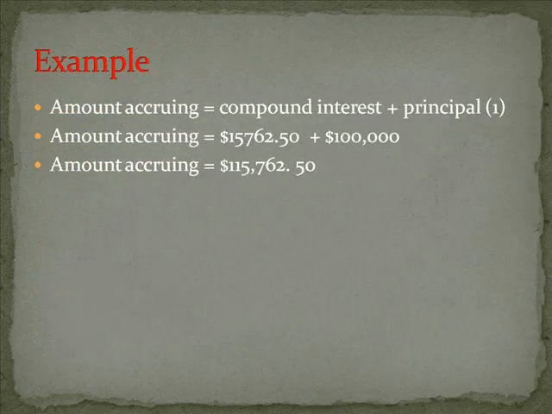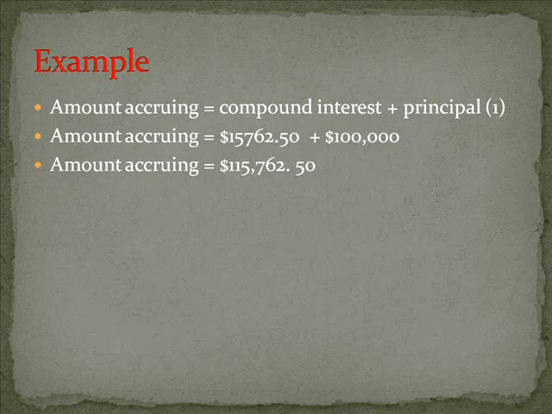Now to find the amount accruing, I would have to add the compound interest to the first principal, the amount invested at the beginning. So the amount accruing is equal to $15,762.50, which is the compound interest, and then the principal that was invested first was $100,000.